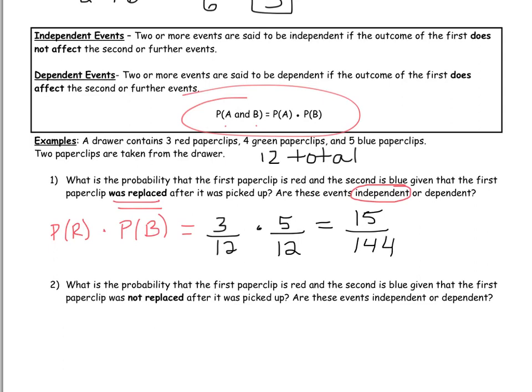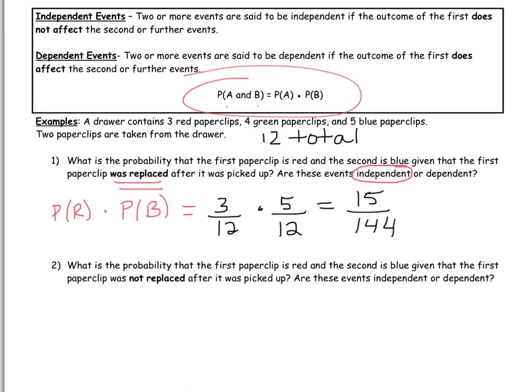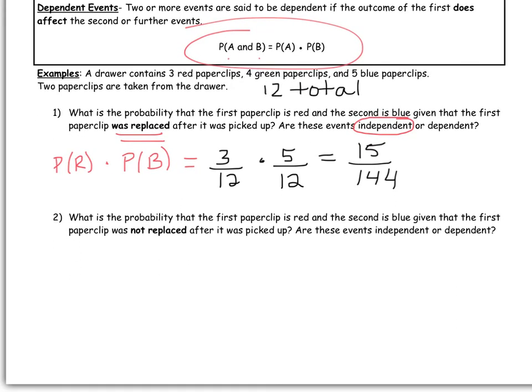All right, let's look at the second example. What is the probability that the first paper clip is red and the second is blue, given that I did not replace it? So let's see. We're going to find the probability of red times the probability of blue. So first, are these events independent or dependent? And the answer is dependent, because the second is dependent on what happened in the first, because I'm not replacing it.